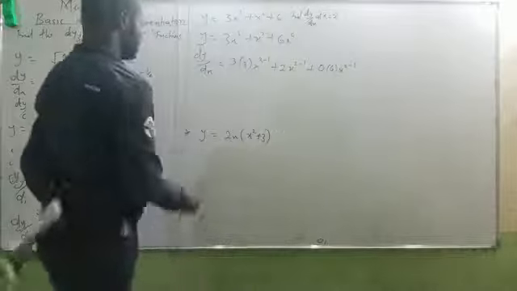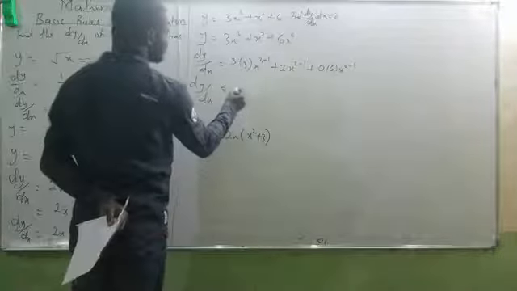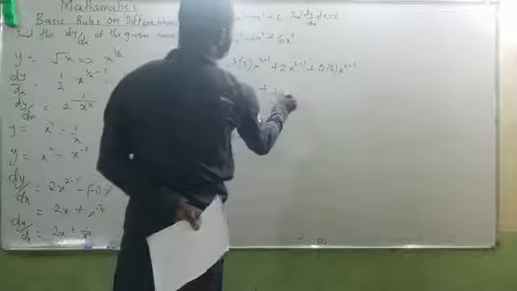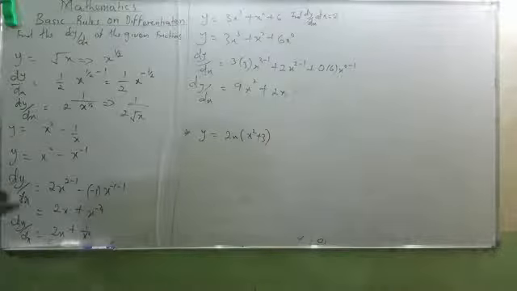Now, dy/dx is equal to 9x squared plus 2x plus 0, which is nothing. That is my answer. Now, can you see how it is being done?